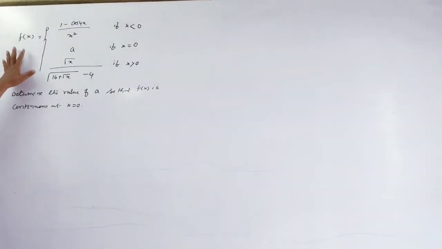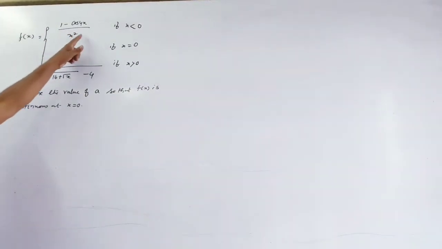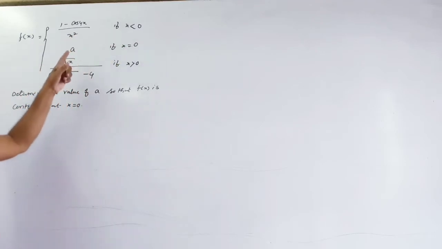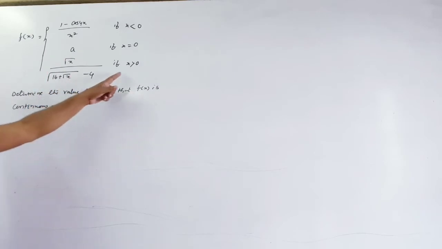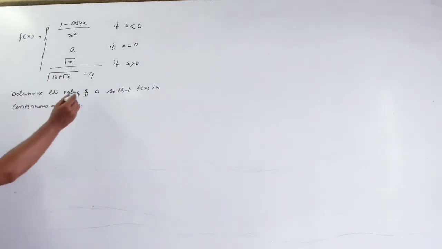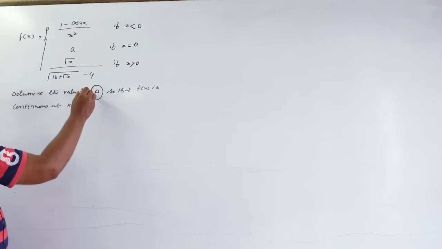here given f of x equals (1 minus cos 4x) by x square when x is less than 0, equals a if x is equal to 0, and this one if x is greater than 0. Determine the value of a. Find out.